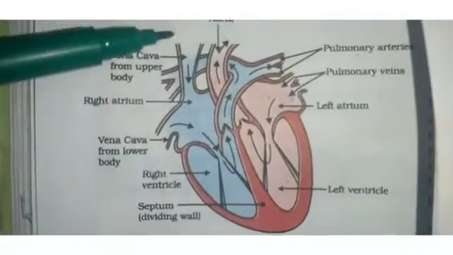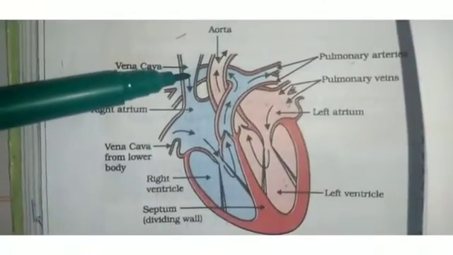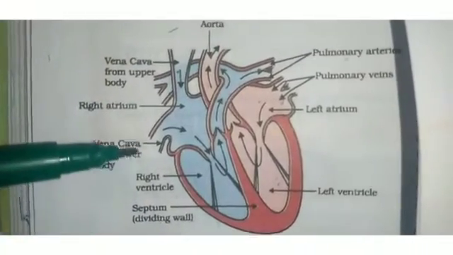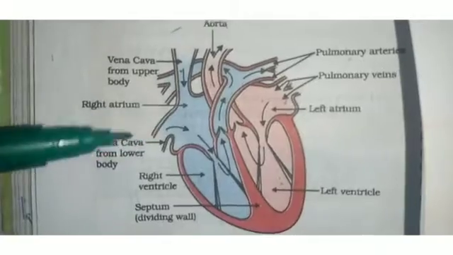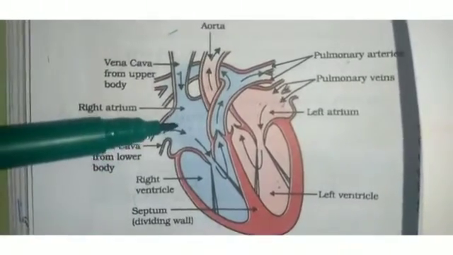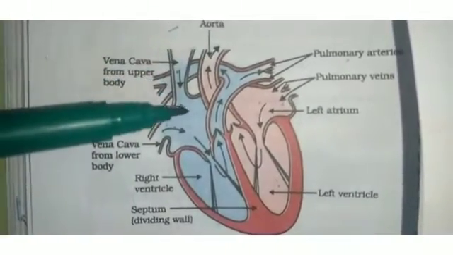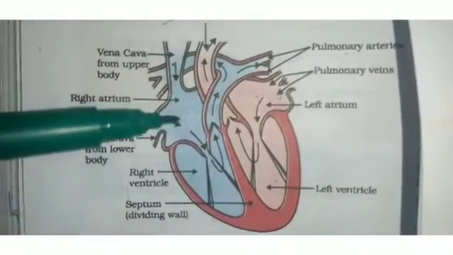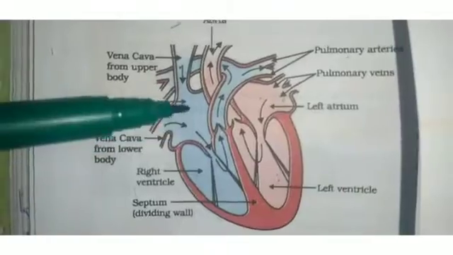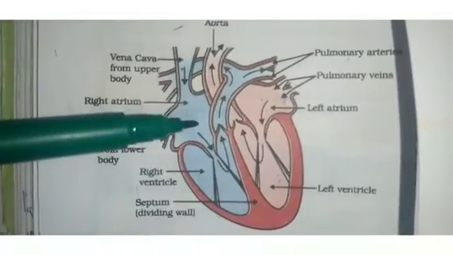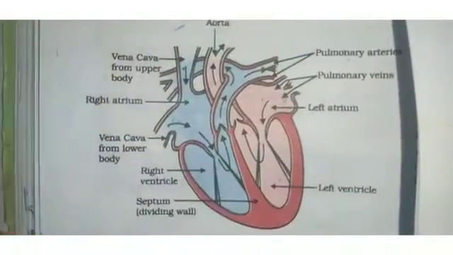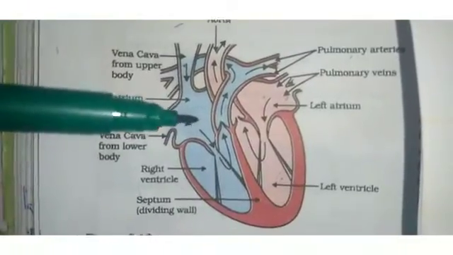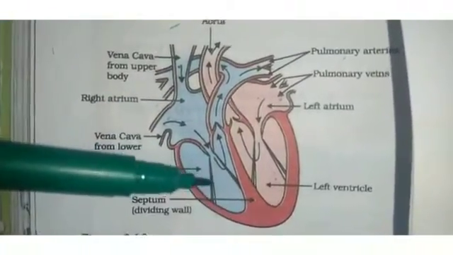Now here you can see the superior vena cava from the upper body and the inferior vena cava from the lower body bringing deoxygenated, carbon dioxide-rich blood to the upper chamber of the heart, the right atrium. When the blood has filled the right atrium, it contracts and the blood moves to the next chamber, the right ventricle.